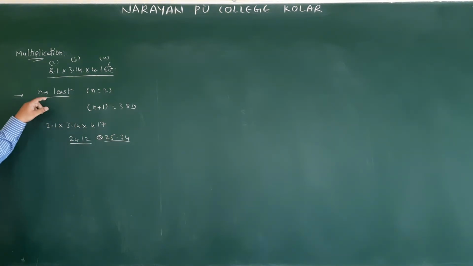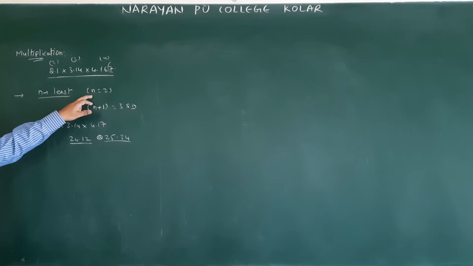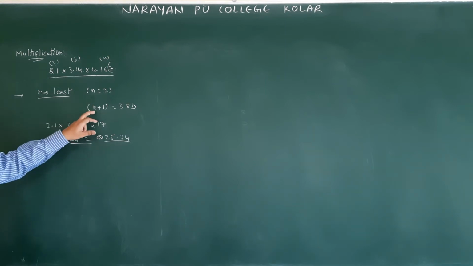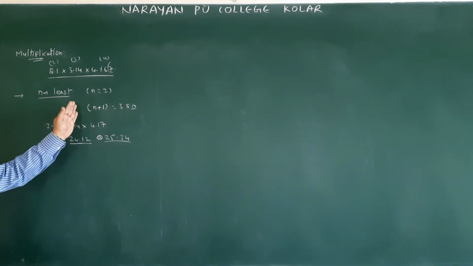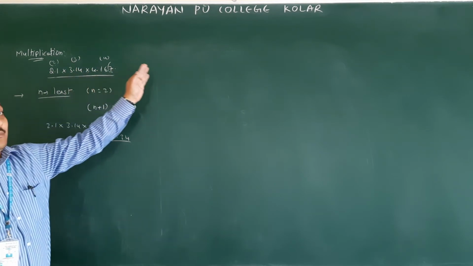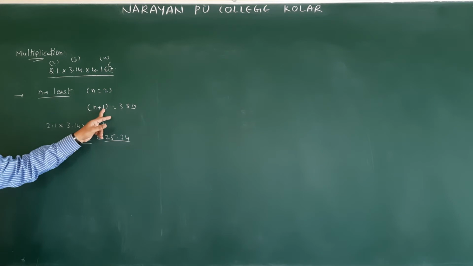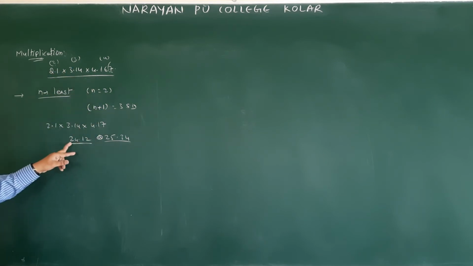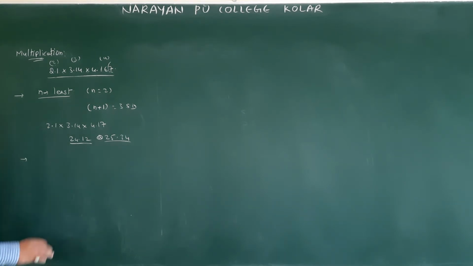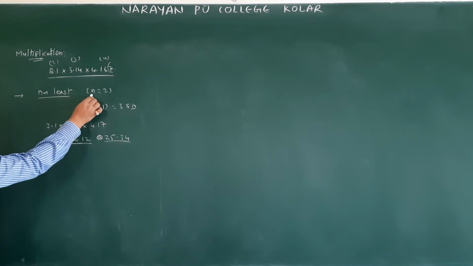To summarize, the first step is to find the least number of significant digits. Next, all remaining numbers should have n plus 1 significant digits, here 2 plus 1. If it is 4, then 4 plus 1, like that. And the last step, the final answer should be in terms of the least number of significant digits. The least is 2.